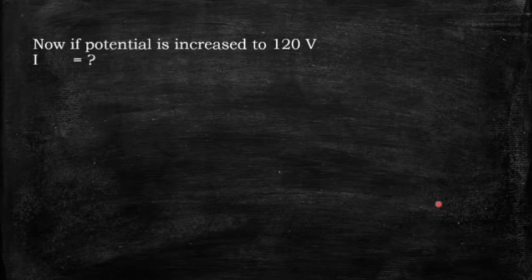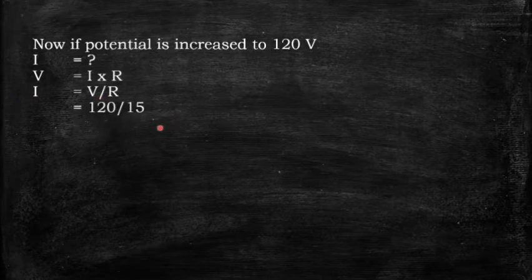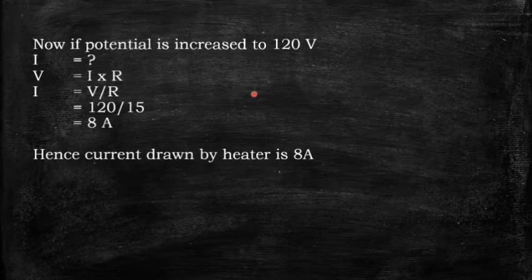Current I will be equal to V divided by R. V is 120 volts and R is 15 ohms. 120 volt divided by 15 ohms is 8 amperes. Hence the current drawn by the heater will be 8 amperes when the voltage is increased from 60 to 120 volt.